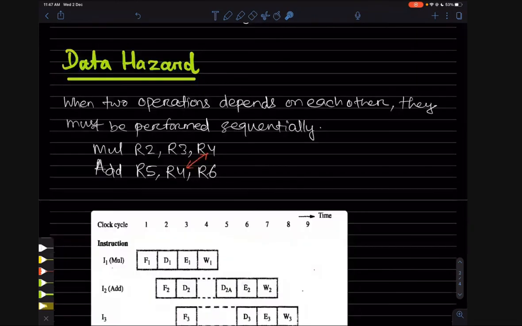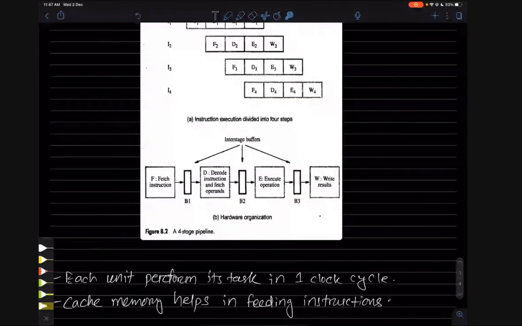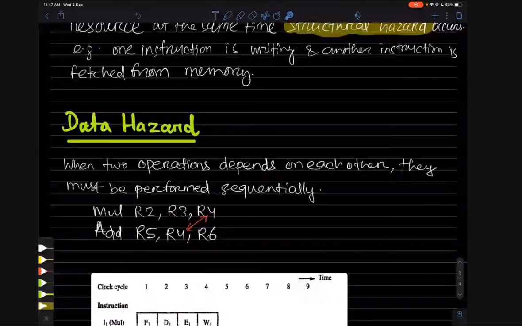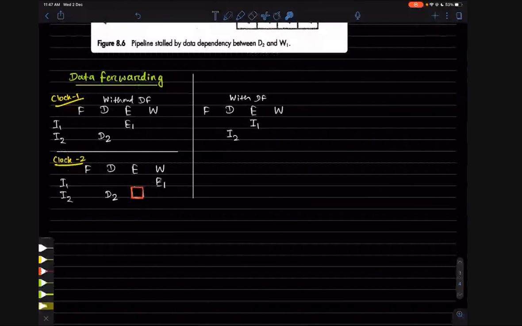Have you understood what I am saying here? The interstage buffer will have the result after the execution phase is done. So why not forward this data to the next instruction? Data forwarding means why wait for the writing phase. In this case, we have to wait for the writing phase, that's why we got one bubble.